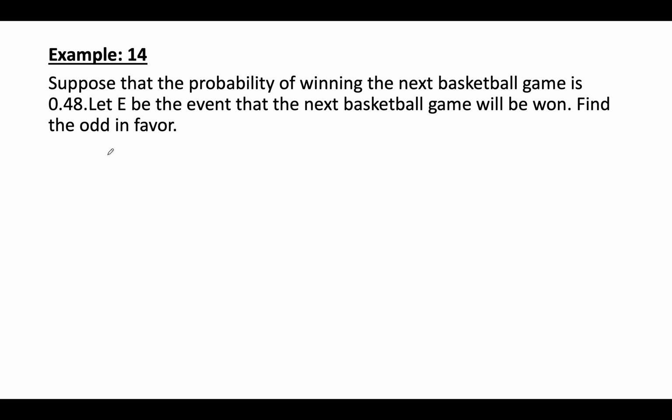To do so, I need the probability of E, which is equal to 0.48, the probability of winning the next basketball game. The probability of E complement, or the unfavorable outcome, which is not winning the next basketball game, is equal to 1 minus 0.48, which is the probability of winning the next basketball game. And this is equal to 0.52.